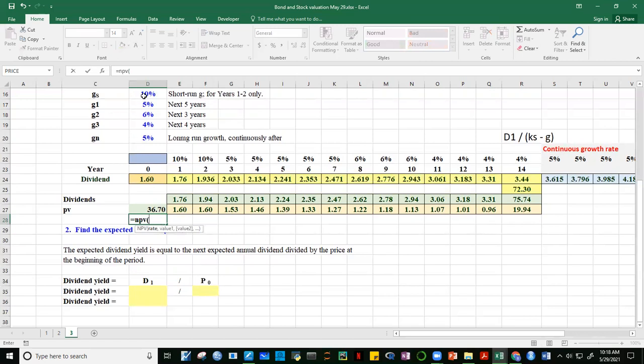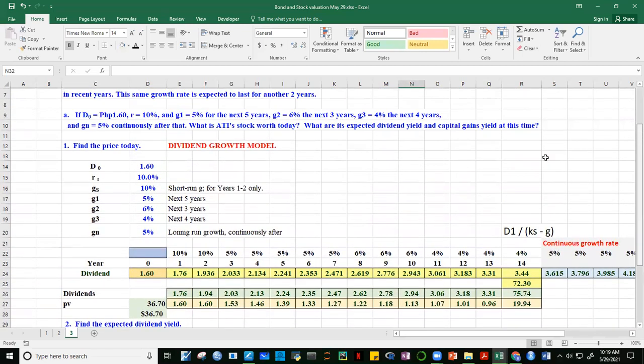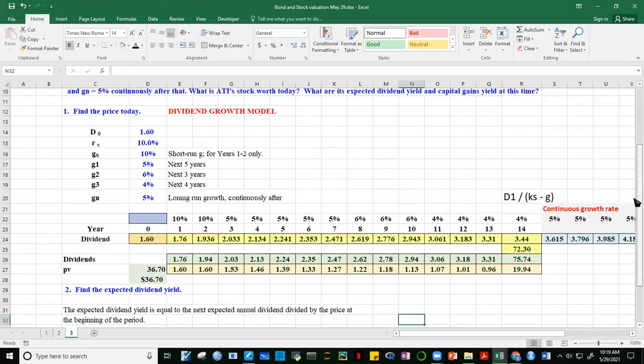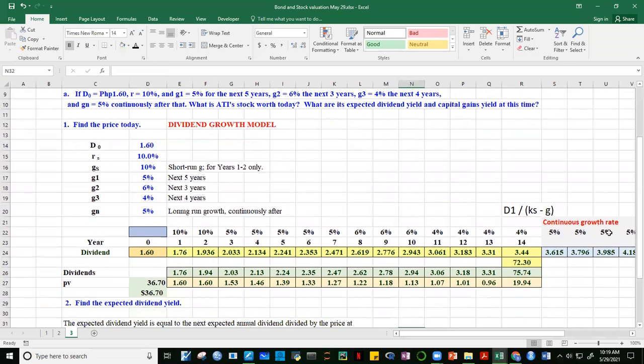NPV, our rate is 10%, comma, values are the dividends. Take note, we have nothing to add because this is year 1. This 1.6, 1.7 will be given after 1 year. So they're the same. This scenario gives us the price of this stock, 36.7, given these dividends.